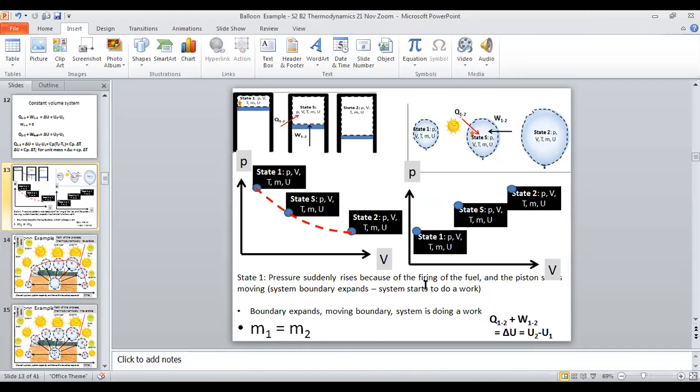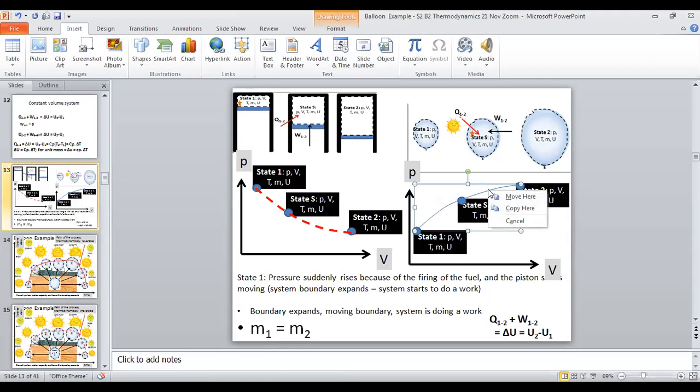If I draw the same, starting from one, one more general state, another one, and state 2.